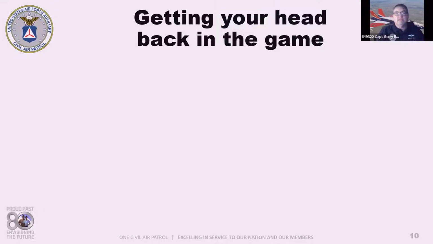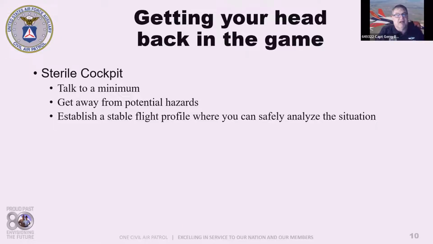So the next thing you want to do is you want to keep the cockpit sterile, right? Keep talk to the minimum. Make it necessary for safety only, particularly during the setup, the takeoff, any low-level flying and approaching that you're doing, and landing.